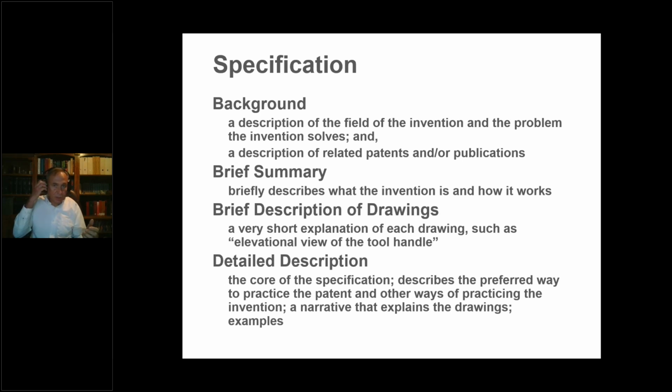The detailed description is where you look if you want to find out what they actually did. So here's where you'll find examples, and you'll find the explanation of what was done. Not in a nice, neat format like a scientific paper, but everything's a little bit jumbled together.